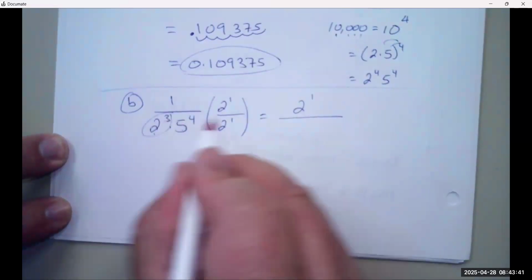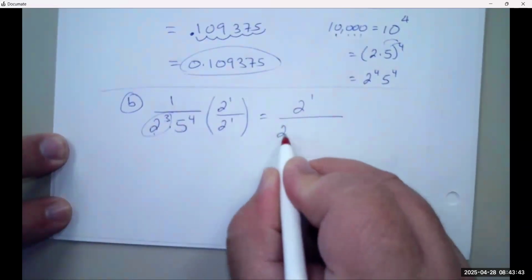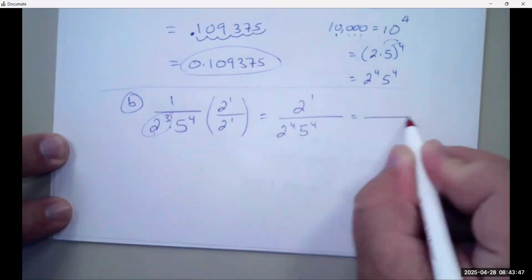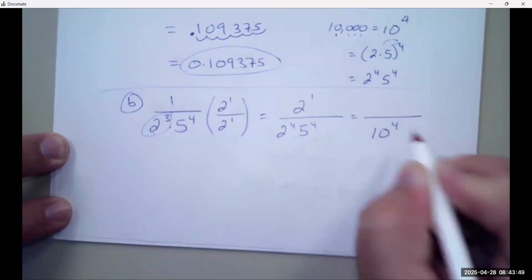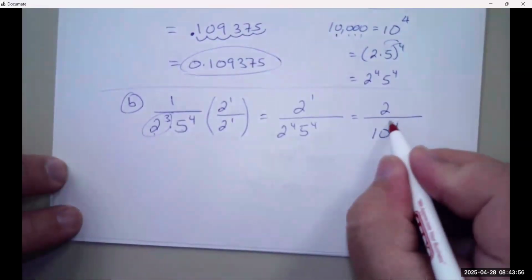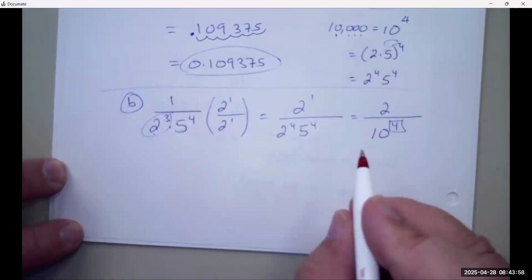So we have 2 to the third times 2 to the 1 makes it 2 to the fourth, which makes it 10 to the fourth. So we move the decimal 4 spaces to the left.